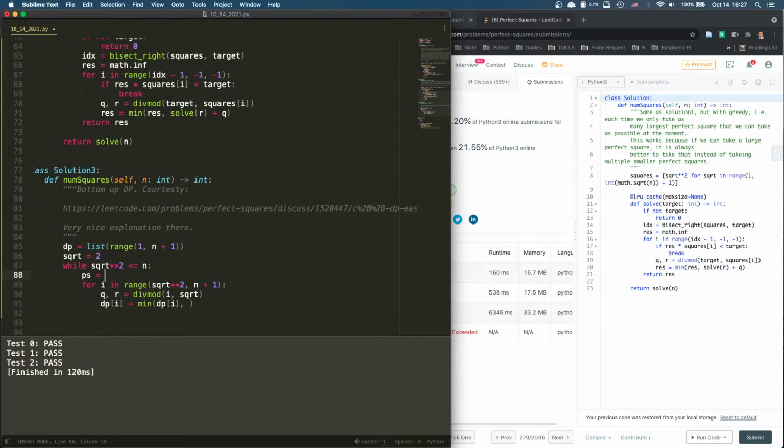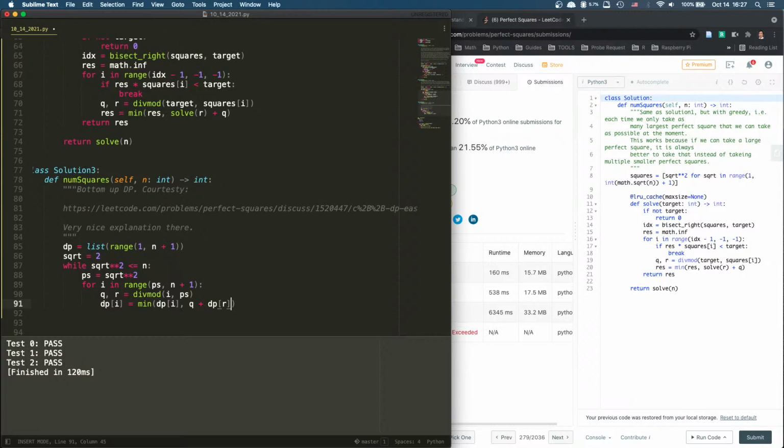Perfect square equals SQRT squared. So call it perfect square, right? So divmod that. That simply means we need to take Q and then remaining R, right? So it's going to be Q steps plus DP[R], right?